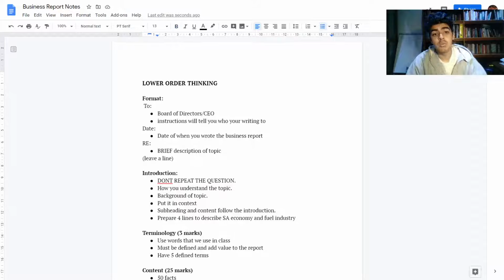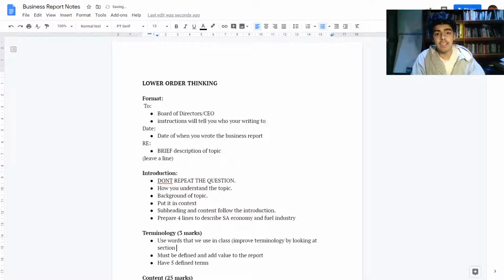Terminology: you need to use words that were used in class, and you can also improve your terminology by looking at section A's of past papers. So section A's is the multiple choice and the match the columns, etc. Your terminology, all terms must be defined, and they mustn't be redundant. There must be a reason for why you're using it.